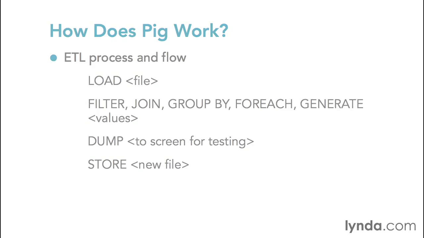And then you'll usually take the output and either dump it to the screen for testing so you can look at it and see if your process is correct, or if you're satisfied with it, you'll store it to a new file location. And as with other processes on Hadoop, you can choose to store your output as new files into the HDFS file system, or you can store it into some other file system which can be local or cloud-based.